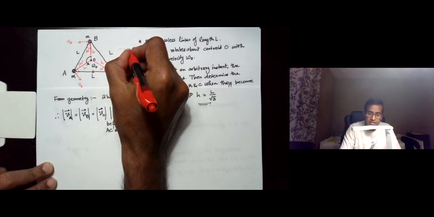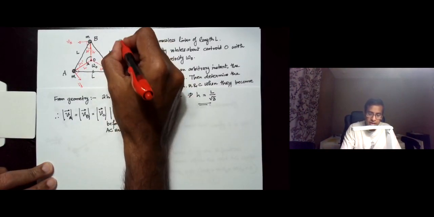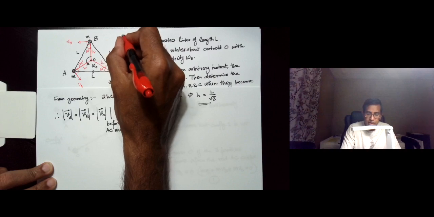If you resolve all these velocities along some x and y, let's say a horizontal direction i and vertical direction j, you will be able to verify that indeed the sum of the linear momentum of these particles is equal to 0. So we leave it to the viewer to verify that result.